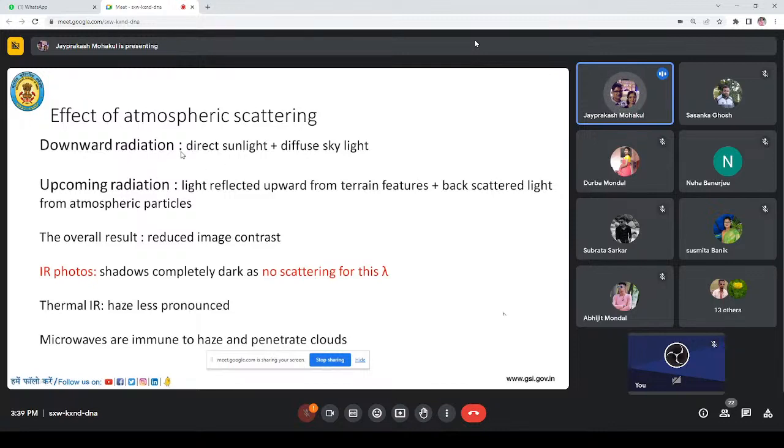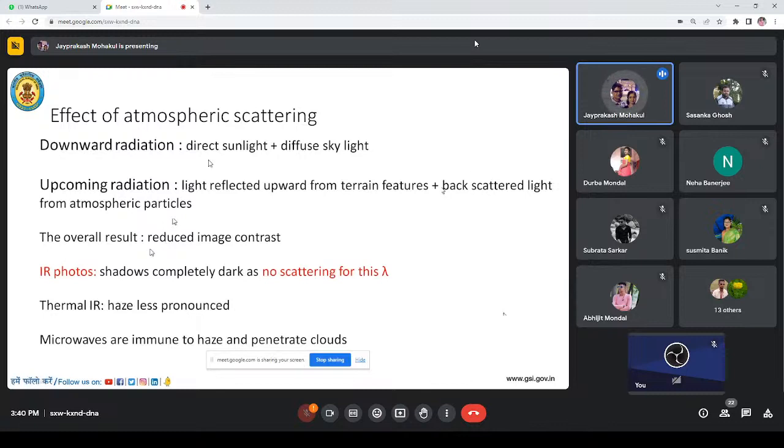One is you have direct sunlight coming from the sun, and what you get on the ground is the direct sunlight and diffused skylight. These are the two things which you get on the ground, which again get through the atmosphere back to the sensor. And upcoming radiation is light reflected upward from terrain features, and backscattered light from atmospheric particles.